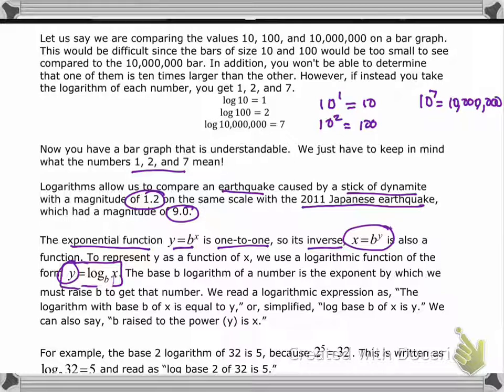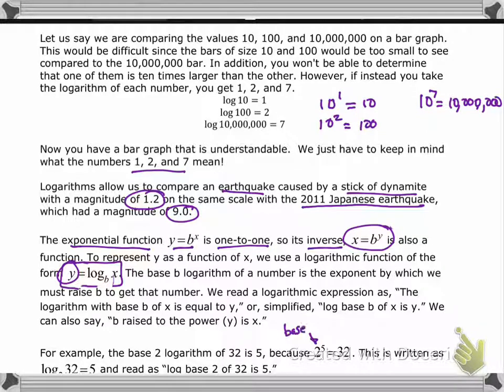All right, so down here at the very bottom, for example, log base 2, the logarithm of 32 is 5 because 2 raised to the 5 is 32. And it is written as, that's kind of cut off there, but this is the base.